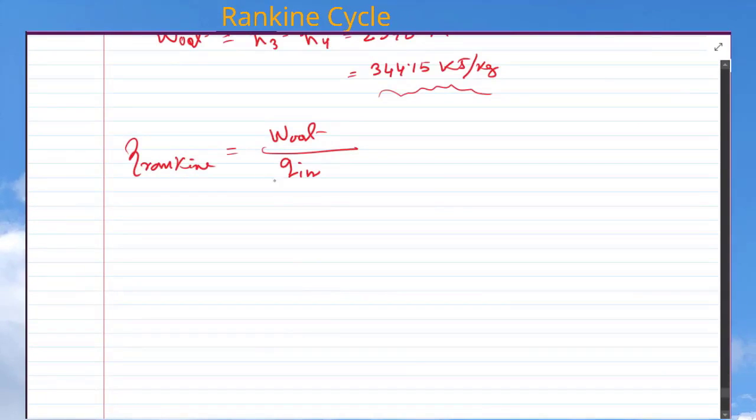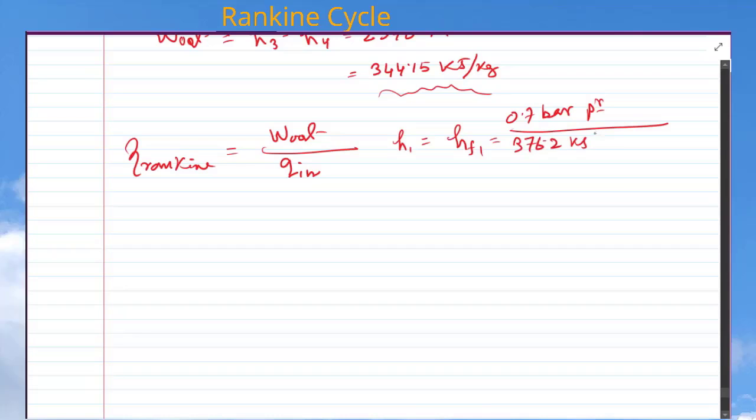To find out Q in we need H1, and H1 is equal to HF at point 1, or HF1, and that value we got for 0.7 bar pressure, the same as the condenser pressure. H1 is equal to 376.2 kilojoule per kg.